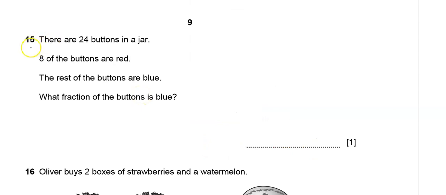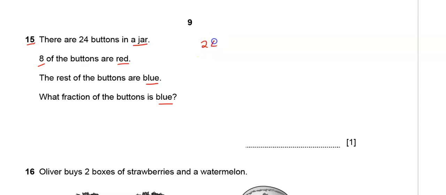Question 15. There are 24 buttons in a jar. 8 of these are red. The rest are blue. What fraction of the buttons is blue? So let's find the number of buttons that are blue.